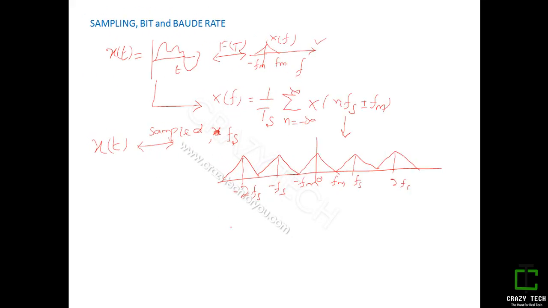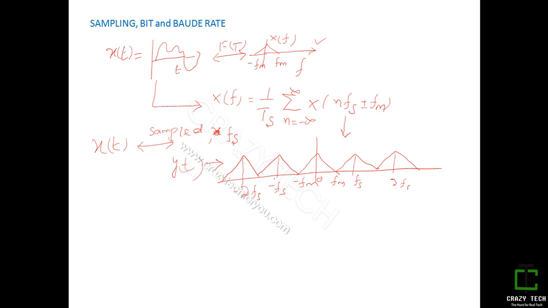This is minus 2 fs. Okay, so if I sample this signal xt, let's say my sampled signal is yt. The Fourier transform of yt would look something like that.